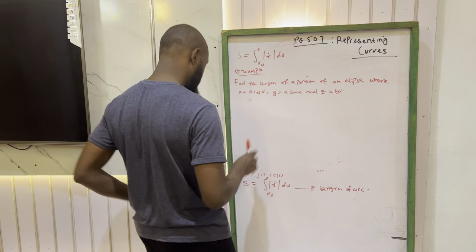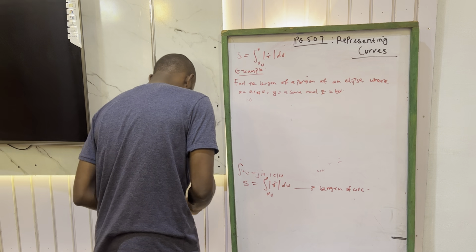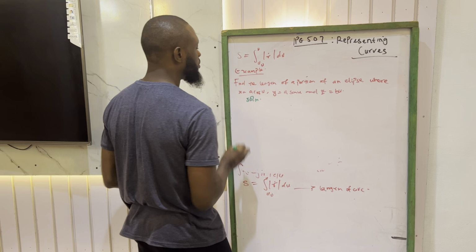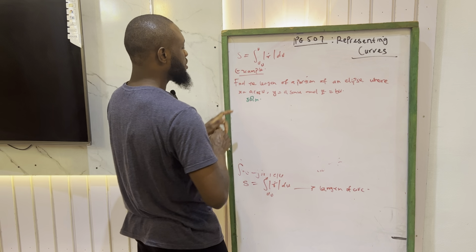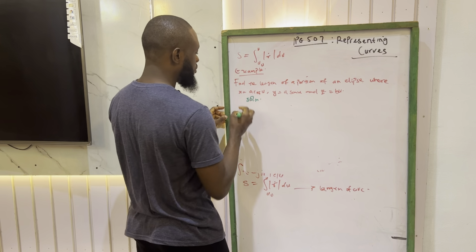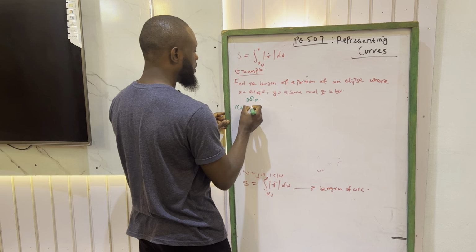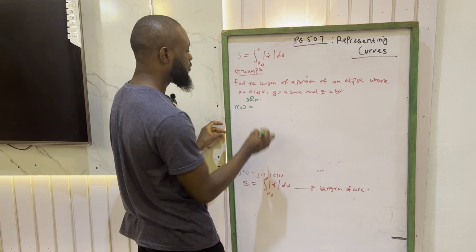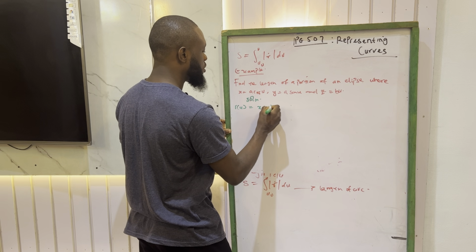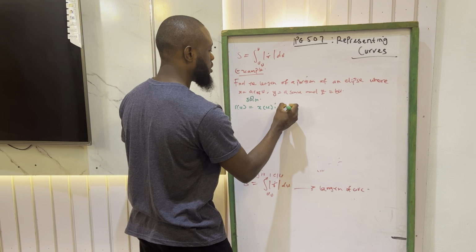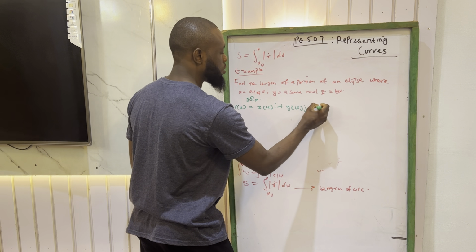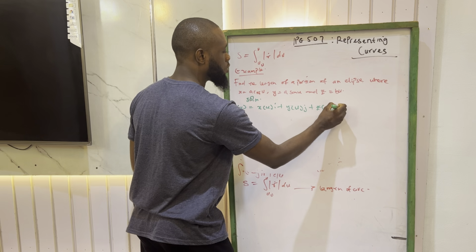Solution. Alright, so we've been given the x of u, the y of u, and z of u. Recall that the general form of the equation of a curve in the parametric form is given by x of u i plus y of u j plus z of u k.